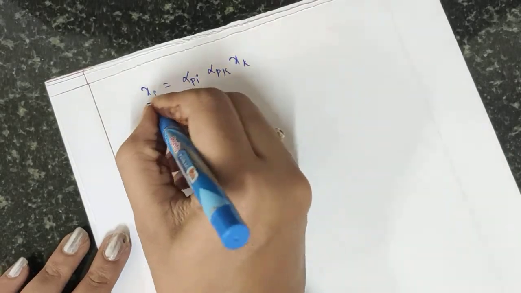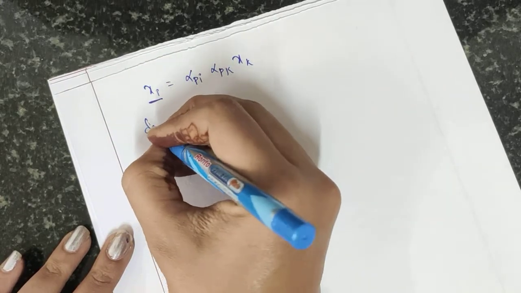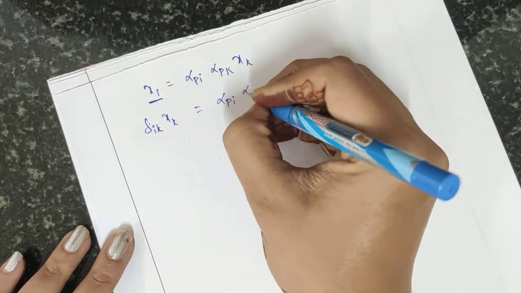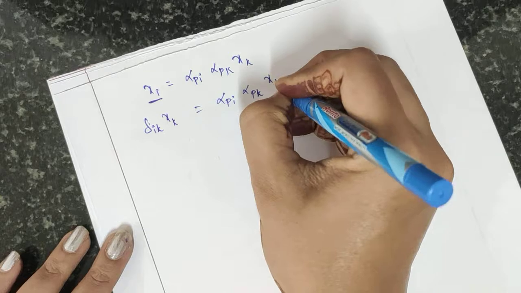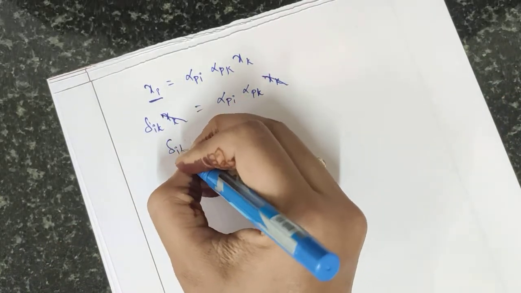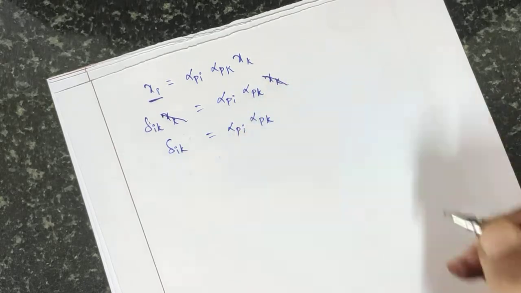Using the substitution property, we can write xi as delta ik xk, which will be equal to alpha pi alpha pk xk. xk gets cancelled. You will be getting delta ik is equal to alpha pi alpha pk.